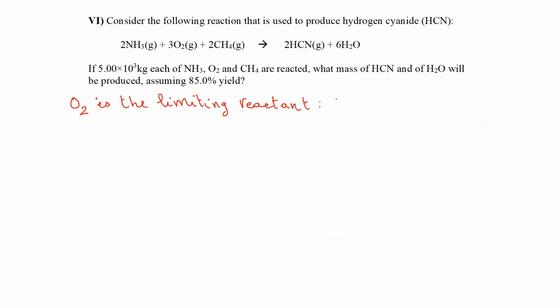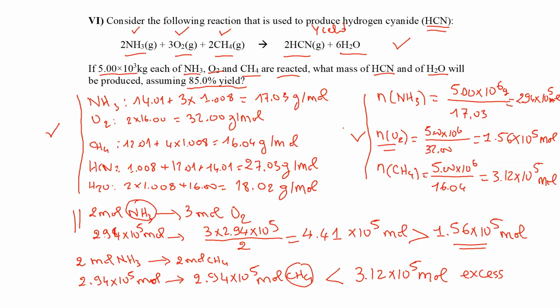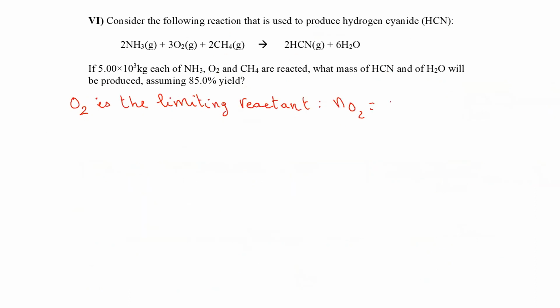And we know that initially the number of moles is what we calculated before, 1.56 times 10 to the power 5. So this will determine my mass of hydrogen cyanide and also the mass of water.